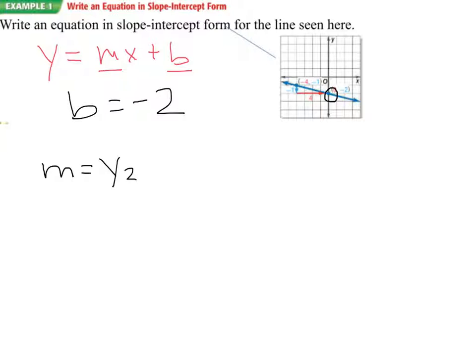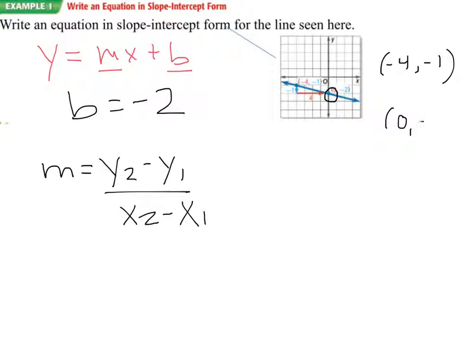We're going to do it the exact same as we did the last one, y2 minus y1 over x2 minus x1. And we have a couple different points that they gave us. They gave us (-4, -1), and they also gave us (0, -2). And again, I'm going to label those x1, y1, x2, y2.